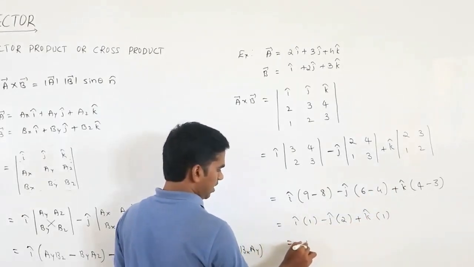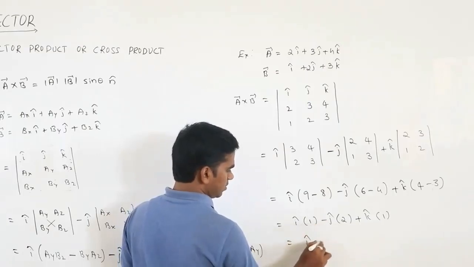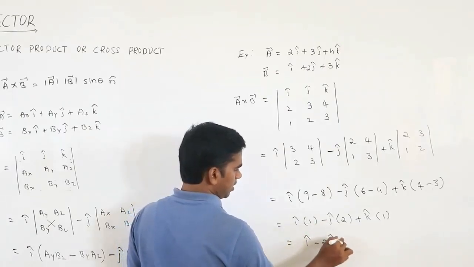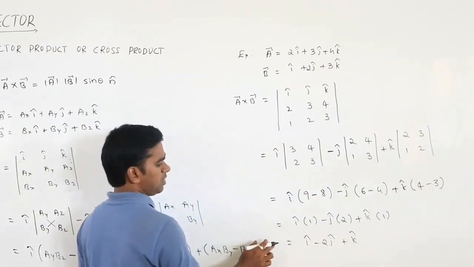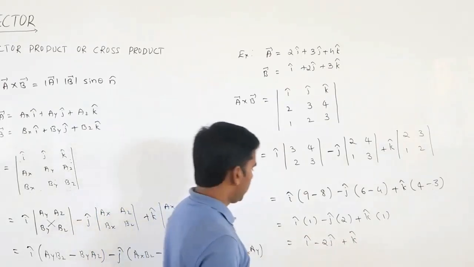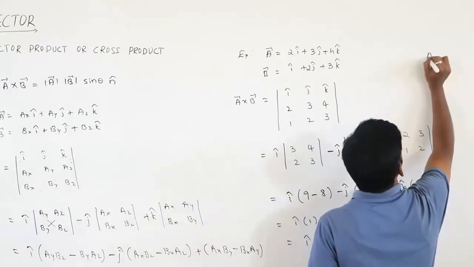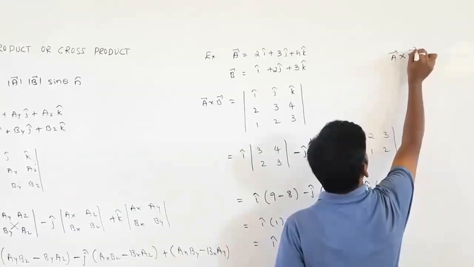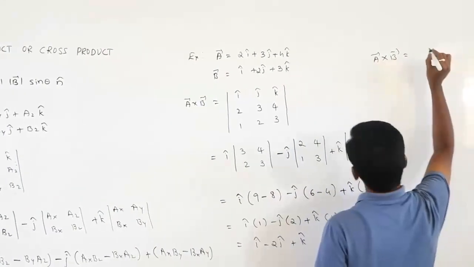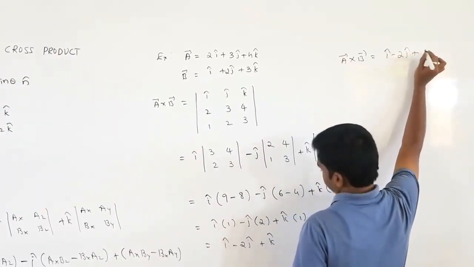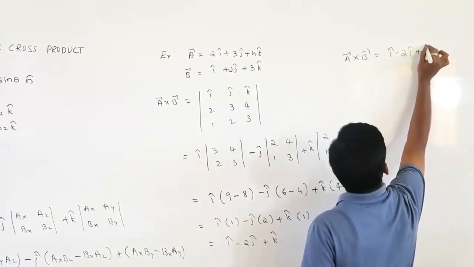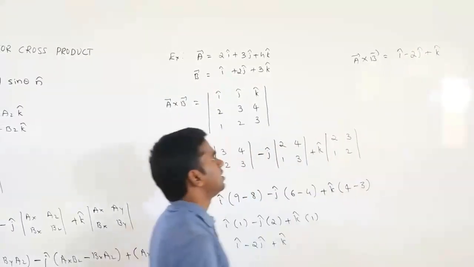So 1 into I cap means I cap minus 2 j cap plus k cap. Okay. So this is going to be your result. I got the resultant of A cross B equals I cap minus 2 j cap plus k cap. Okay. So this is your answer, A cross B.